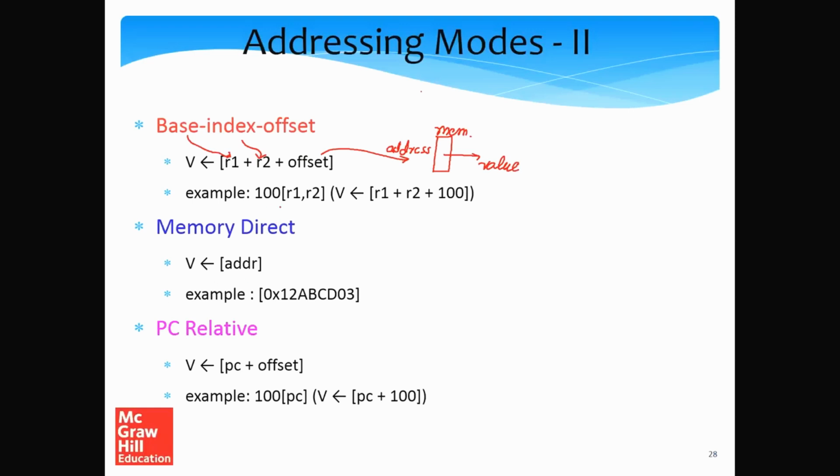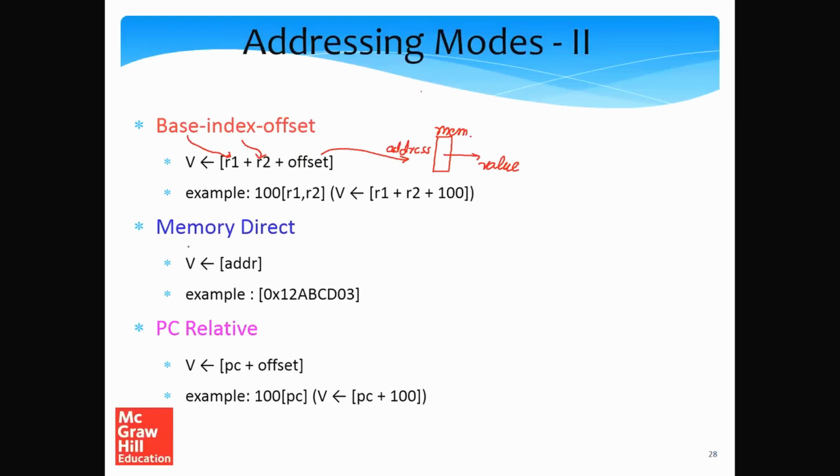One example would be 100[R1, R2]. Here R1 is the base register, R2 is the index, and 100 is the offset. Note that the square braces are used to indicate that the contents within the braces refer to an address, and once we add the braces, we are supposed to access memory with the address and treat the locations in memory as containing the value of the operand.